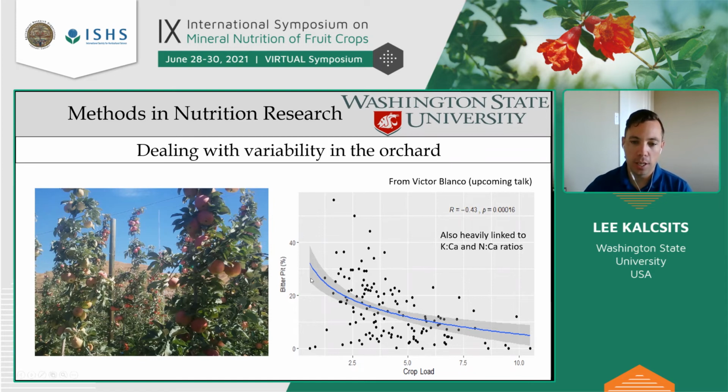This really changes the bitter pit percent for those individual trees and needs to be considered when you look at variability in the orchard. Some areas might have low crop load and high bitter pit, and some might have high crop load and low bitter pit. So how you sample, where you sample, and how much you sample is really important, and we'll get into that in the panel discussion.